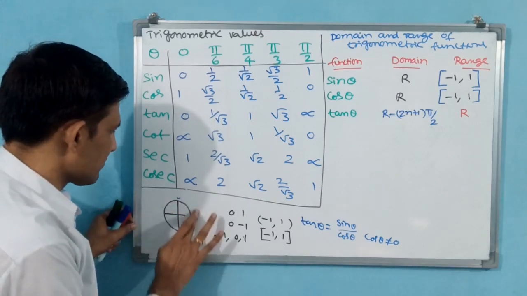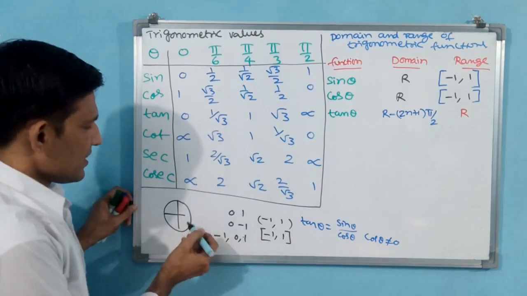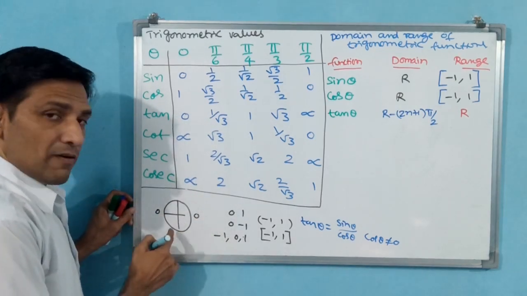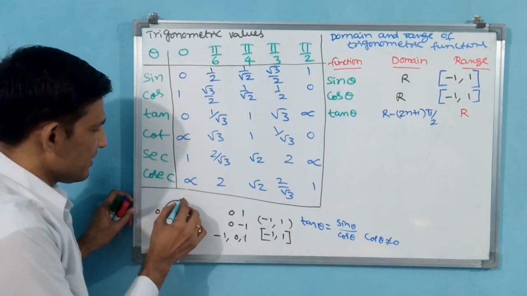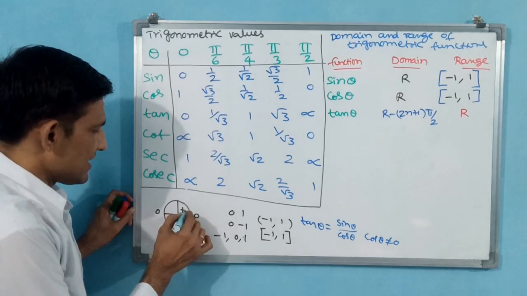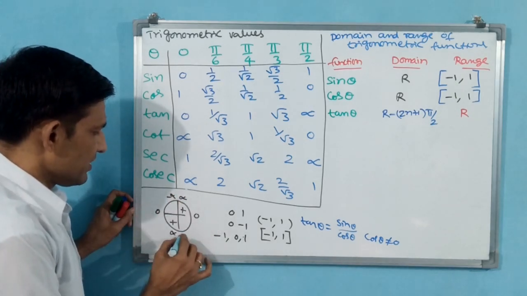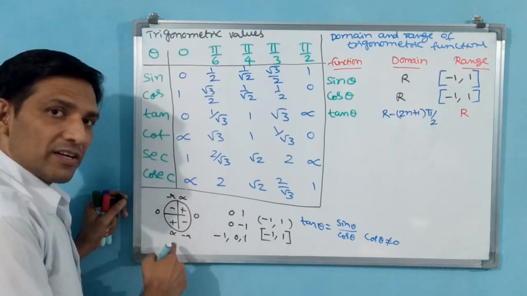See, again circle diagrams are very, very important. Sine is 0 means 0, 0 will come. Sine is 1 here, but cos is 0. That is why here it is infinity. For tan, plus infinity, minus infinity, plus infinity, minus infinity. This is the circle diagram for tan theta.